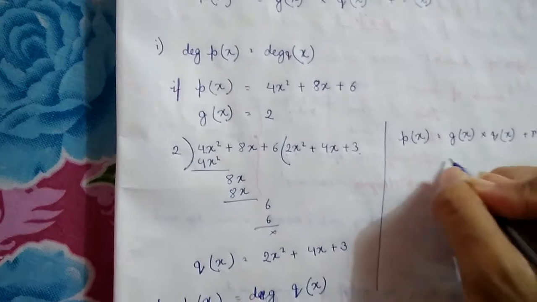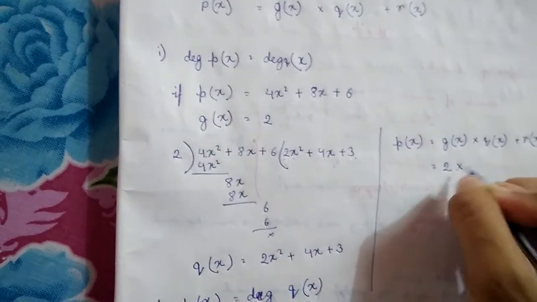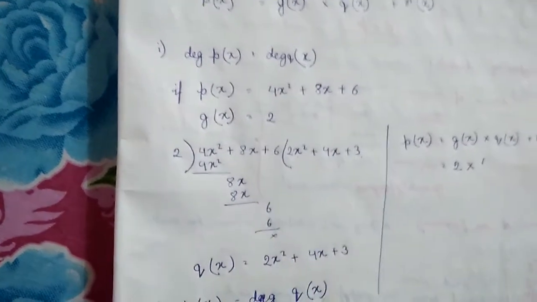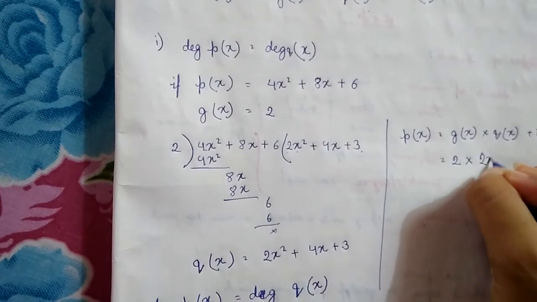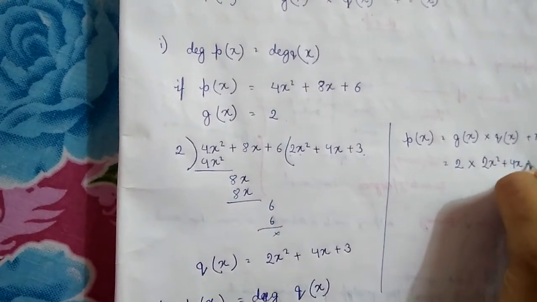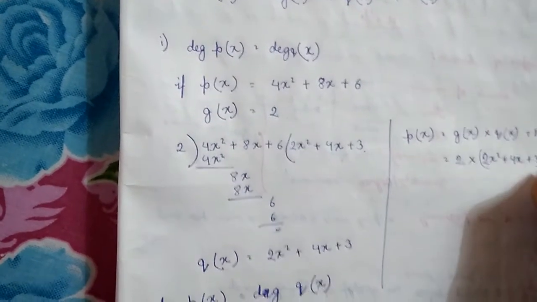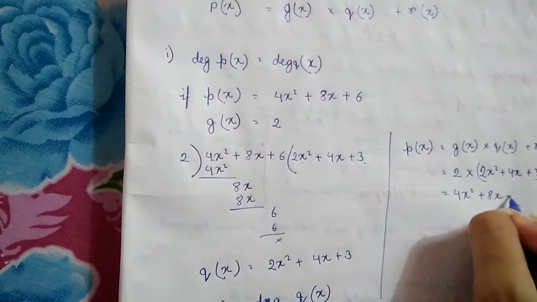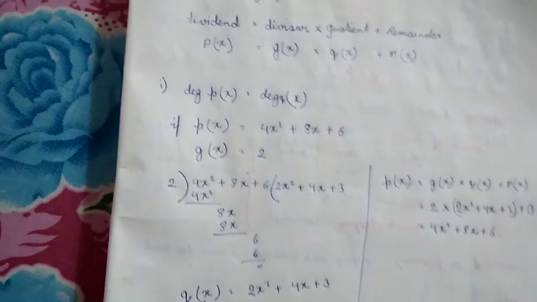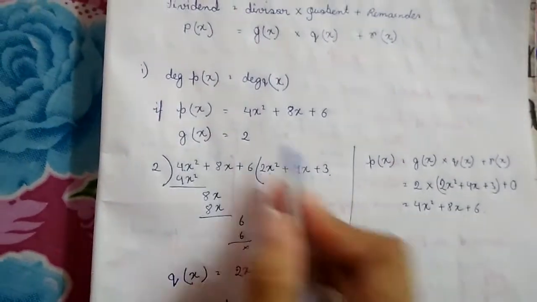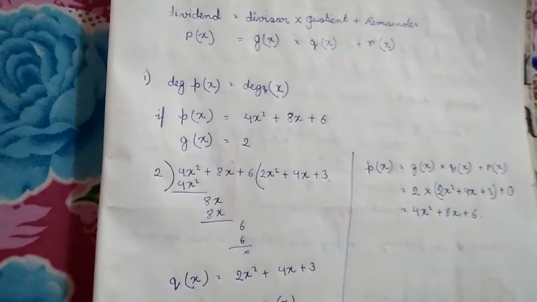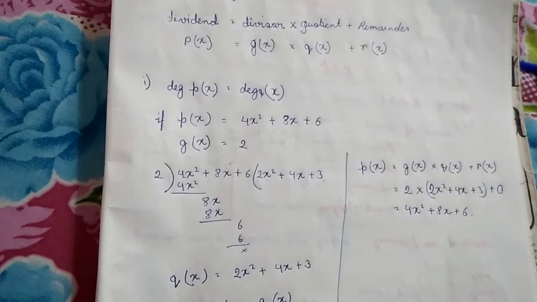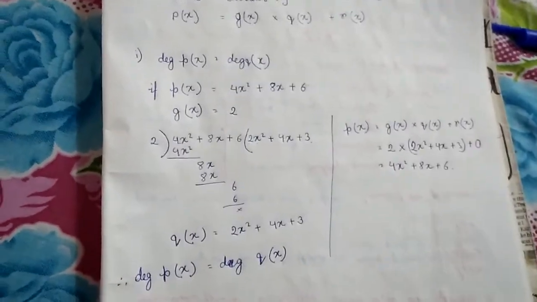Now here r(x) is 0, g(x) is 2 into q(x), which is 2x square plus 4x plus 3, plus 0. So you will get 4x square plus 8x plus 6. So this example satisfies the division algorithm. This way you can solve your question.